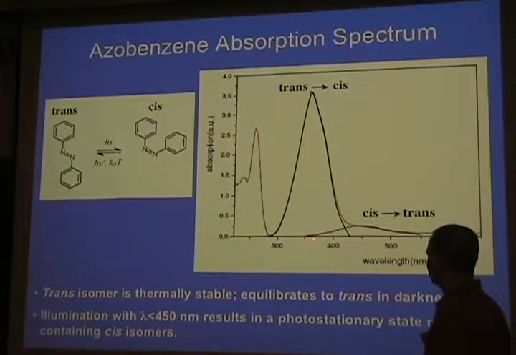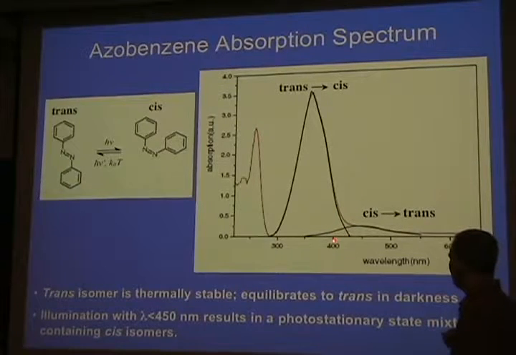But what's interesting is that if one chooses some kind of an intermediate wavelength to illuminate these fluorophores at, you'll have some absorption of trans being converted to cis, but also you have some cis being converted to trans.